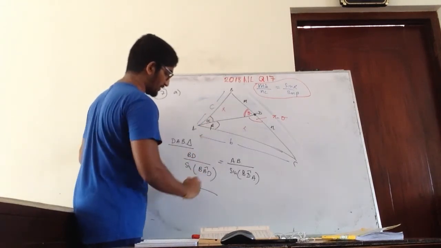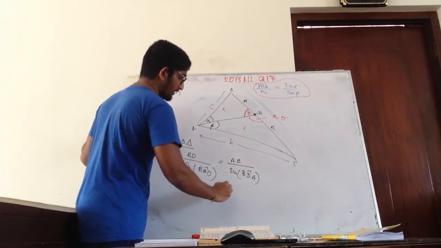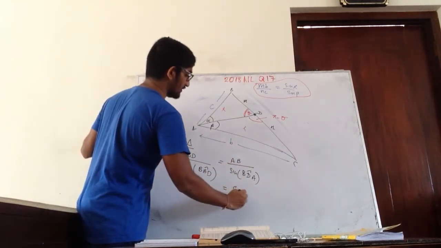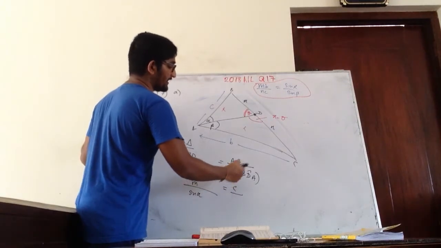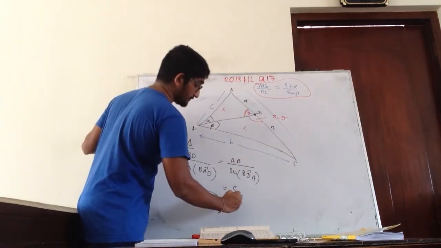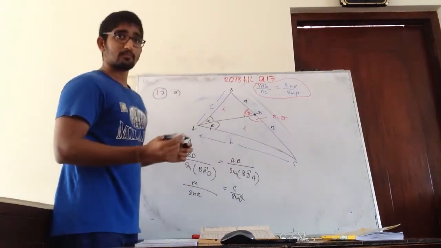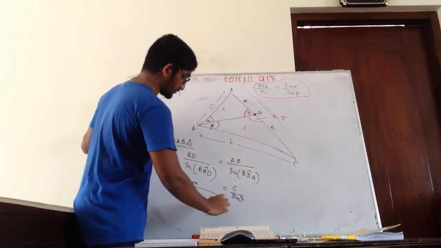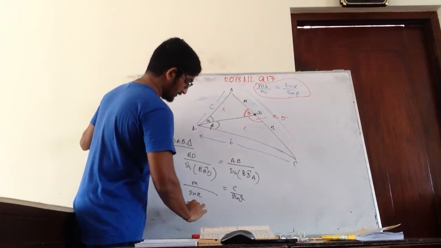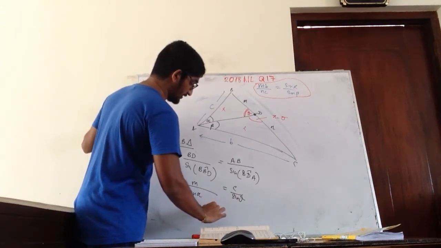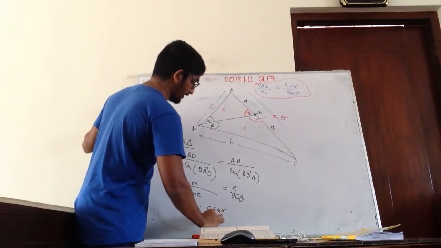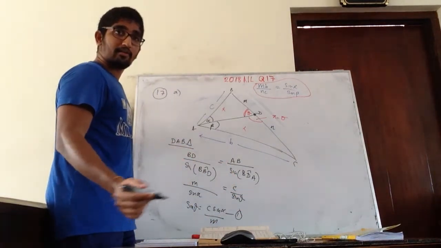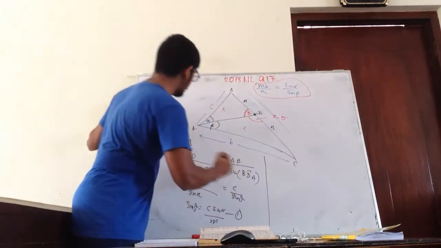BAD is alpha. Sine alpha equals AB. What is AB? AB is C. Sine BDA is sine theta. Okay? So you get this, and I am going to take sine theta out. Sine theta is going to be C sine alpha over M. I'm going to take this, right?